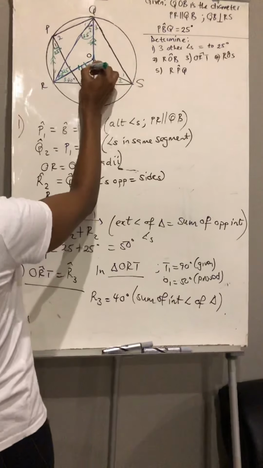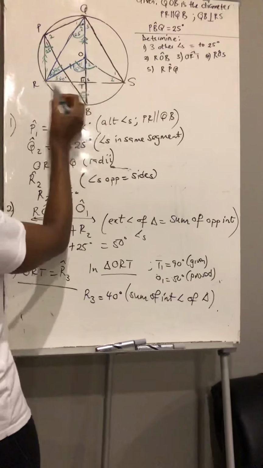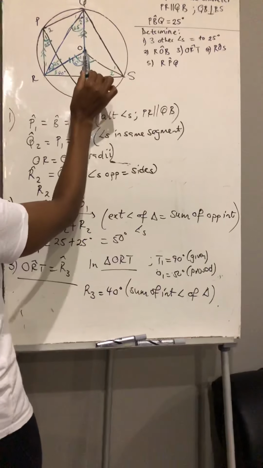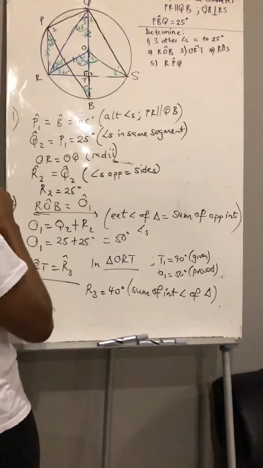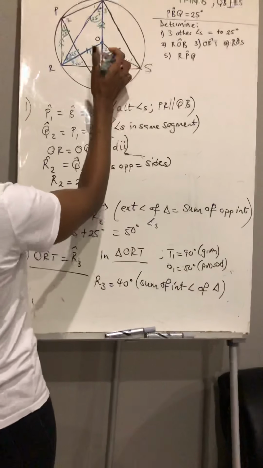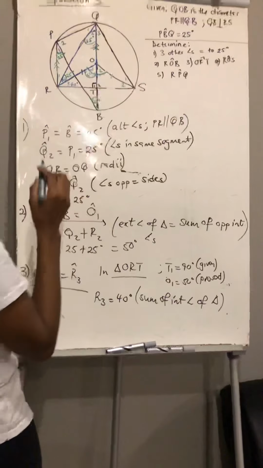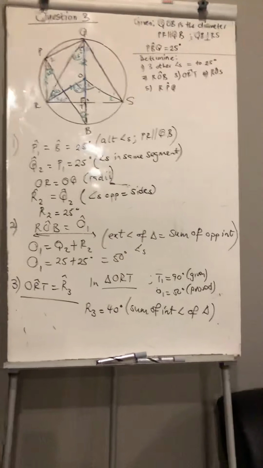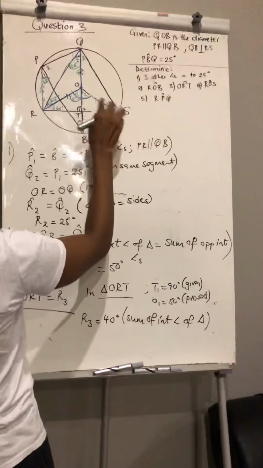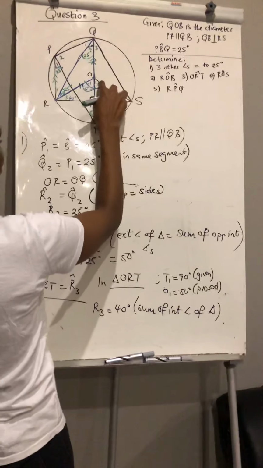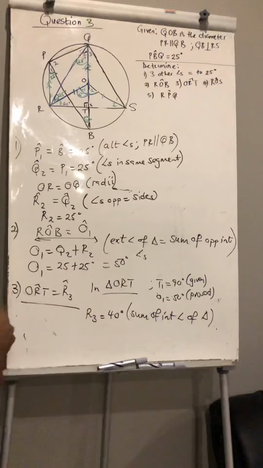If you remember from our Theorem One, if we have these two triangles, this one, ORT, we know it will be congruent to OST. Those ones are congruent triangles, you know, radii, common side, and of course the 90-degree angle right here. So you can use that one as well to find ROS. In other words, if this is 50, that should be 50 degrees, and that will make it 100. You can use that method.